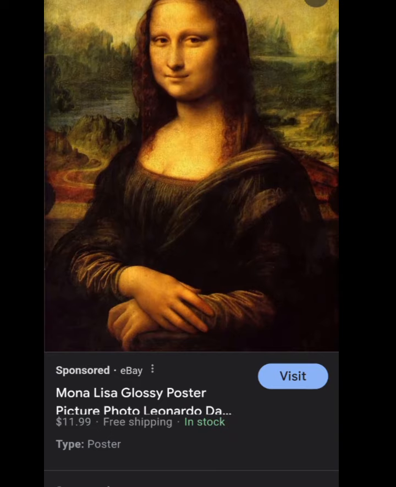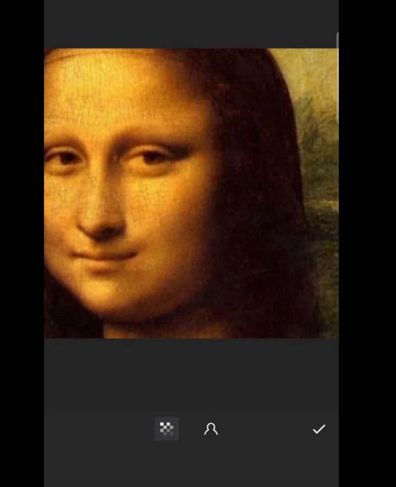Let me show you what I mean. Here we go. If you look at the eye of Mona Lisa on the right hand side, right here, this same dark eye happens to fit into this slot right here of Mona Lisa.